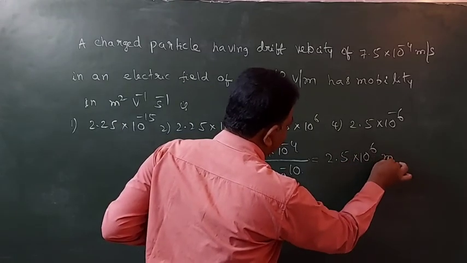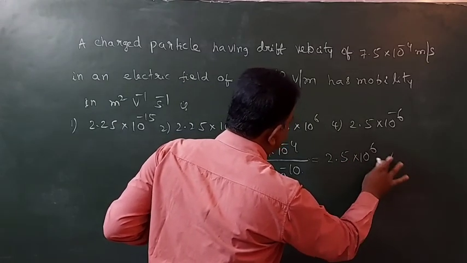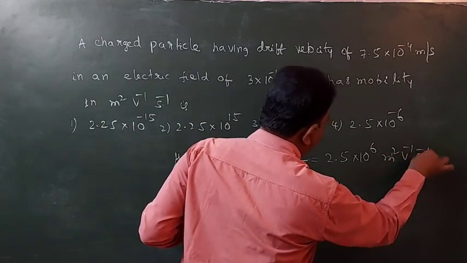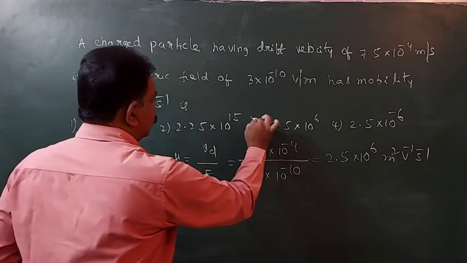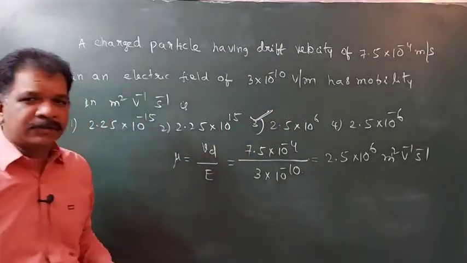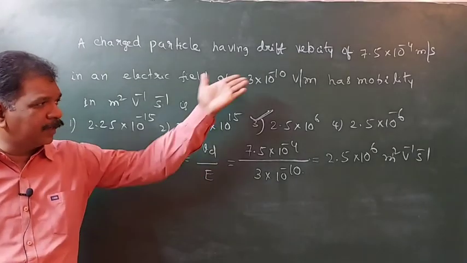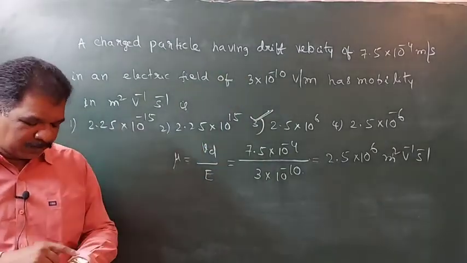This value 10 power 6 meter square, volt inverse, second inverse. So this will be the answer. Simple chapter only, easy chapter. Direct questions will be there in the chapter.